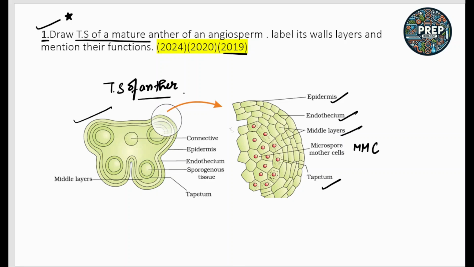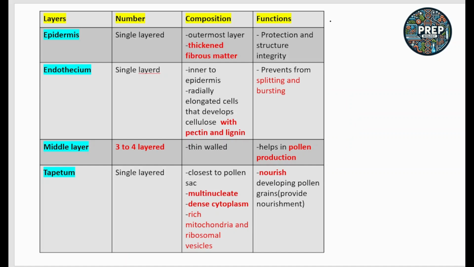If we see the chart, this chart we have discussed in the chapter number 1 classes. We have the different layers of the anther, with the different composition of each layer, and the function of each layer is also very important. Epidermis helps in protection.